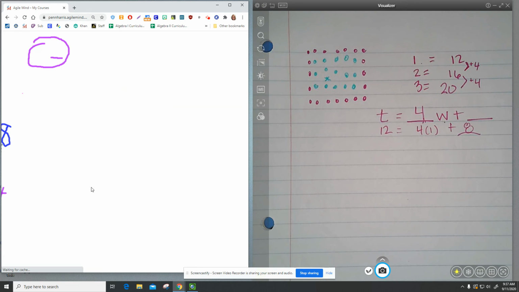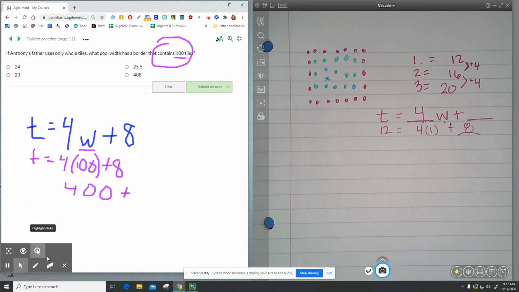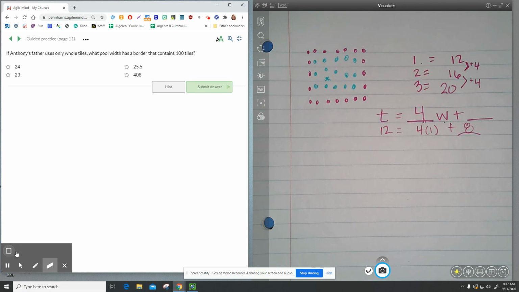And then last question. Okay. This time, guys, we've got the same idea. But this time, they're saying, what is the width if there's a total of 100 tiles? So we have to work backwards. So again, I'm going to start with this original equation here that says my tiles equals 4 times W plus 8.